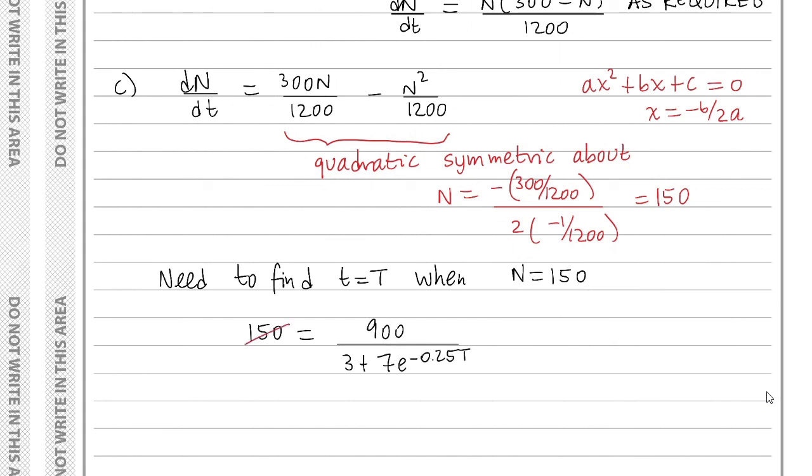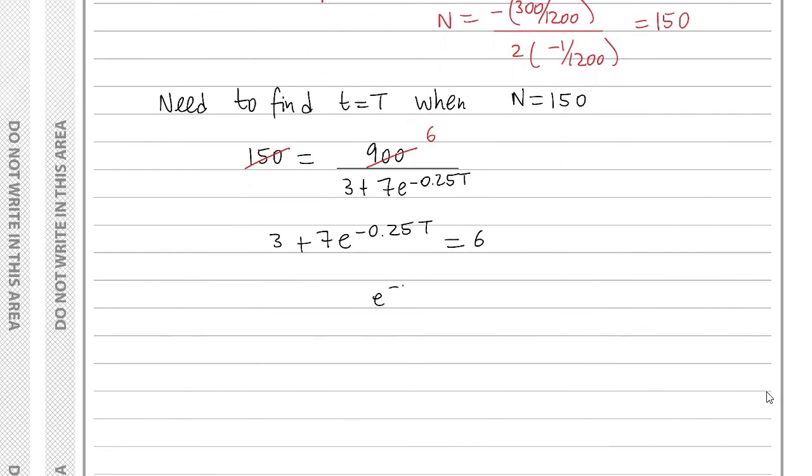Now the 150 with the 900 leaves me with a 6. So we get that 3 plus 7e^(-0.25T) is 6. So e^(-0.25T) is 3 over 7. I will take ln: minus 0.25T is ln of 3 over 7. So if I multiply both sides by negative 4, I get T is minus 4 ln of 3 over 7.